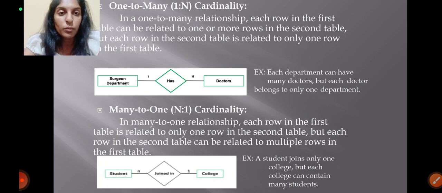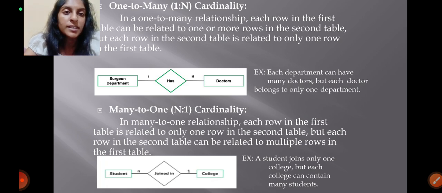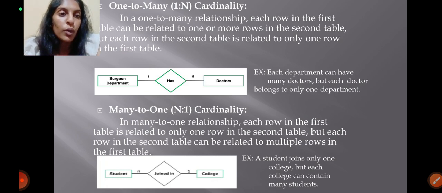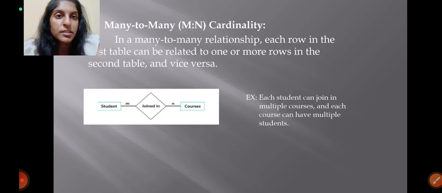Next, many to one cardinality. In many to one cardinality, each row in the first table is related to only one row in the second table, but each row in the second table can be related to multiple rows in the first table. A student joins only one college, but each college can contain many students.